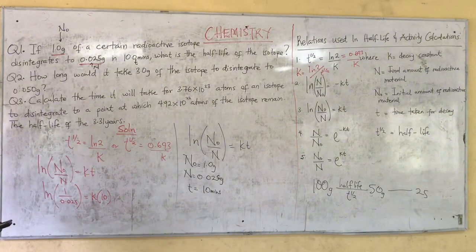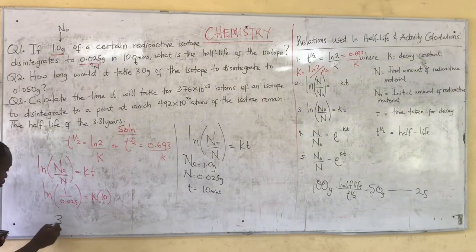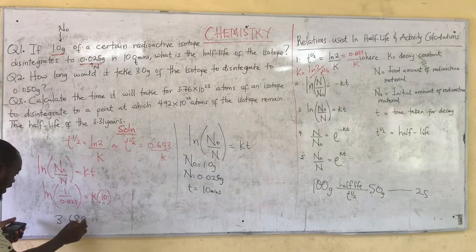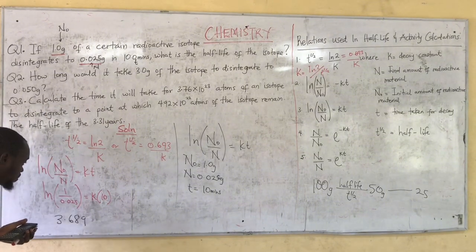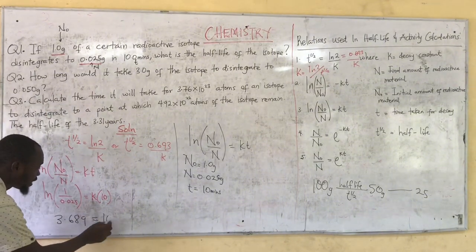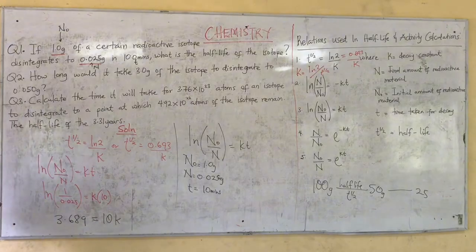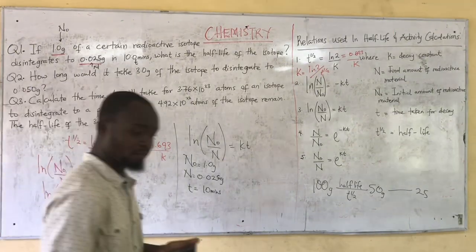We have ln in brackets with a fraction in the numerator 1 divided by 0.025, and then we close the brackets. We are going to get 3.689 by approximation to 3 places of decimal, is equal to 10K. Is that okay? It's equal to 10K.